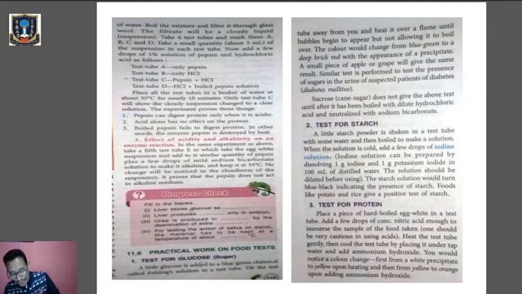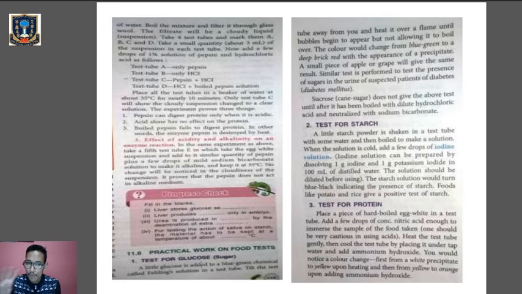Now after that, we'll add a few drops of pepsin and hydrochloric acid as follows. In test tube A, we'll only add pepsin. In test tube B, we will put only HCl. In test tube C, we will put pepsin plus HCl, and in test tube D, we will put HCl plus boiled pepsin solution.